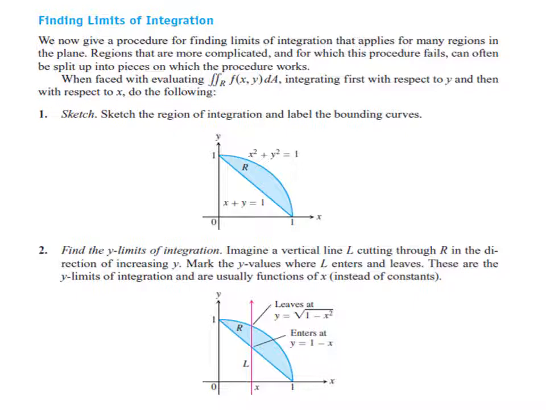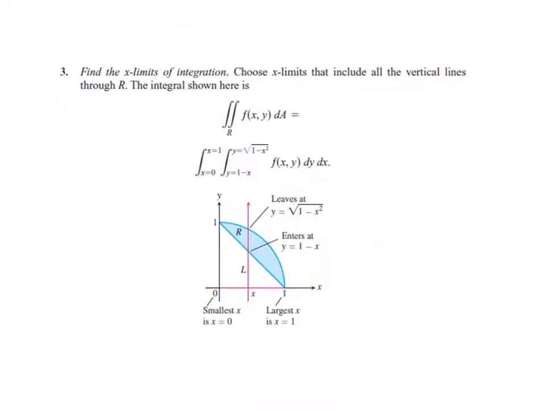So y leaves at square root of 1 minus x square and enters at y is equal to 1 minus x. If I consider y limits as the variable limits, the x limits are fixed: x is equal to 0 to the intercept point 1. So the x limits are constant, 0 to 1, and the y limits are variable. So here the order of integration is with respect to y, then with respect to x.